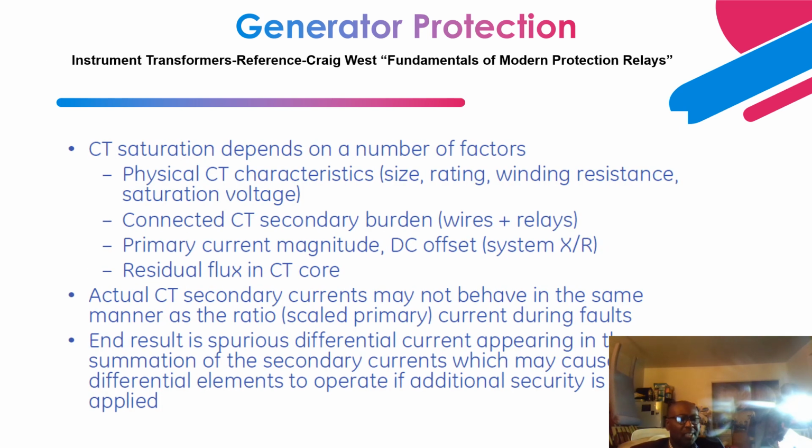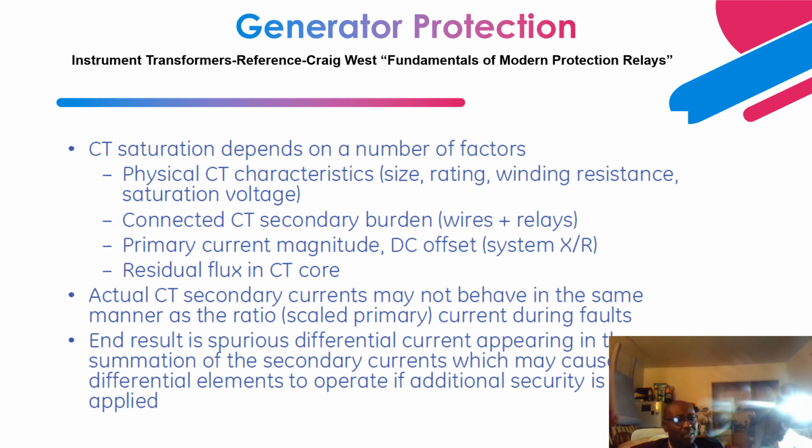Okay, so CT saturation is dependent on a lot of factors. One of the factors is the turns ratio of the CT, and also the physical characteristics, size, core size, and saturation voltage, that's the C100, C200, the winding resistance, and the rating itself. Next is the connected burden, the lead resistance, and the relay itself.